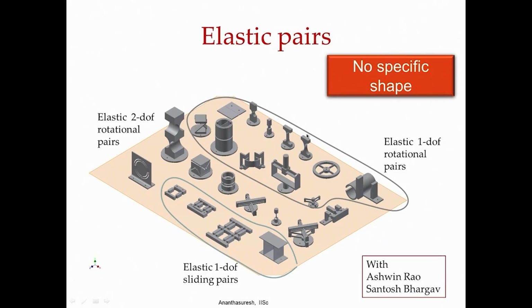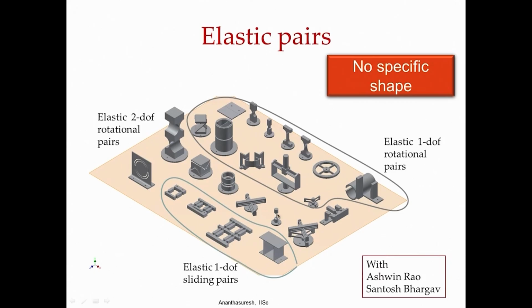Elastic pairs can be of many different shapes, and here there is no specific shape like it is there for kinematic pairs. So, for single degree of freedom itself, you can have a number of sliding pairs, single degree of freedom, revolute or rotational pairs, single degree of freedom, so many things are there, and 2 degree of freedom, again a number of them are there.